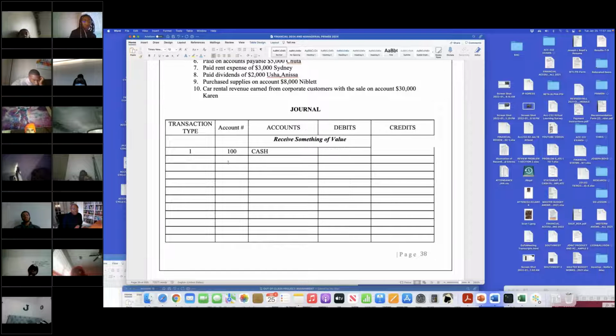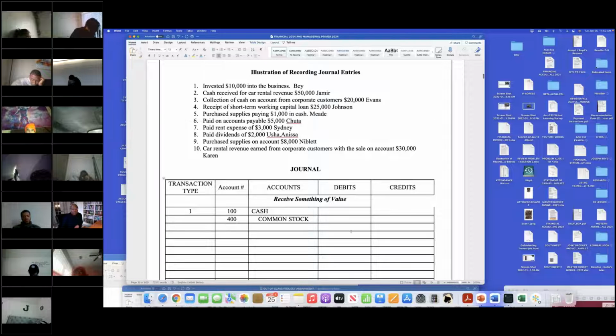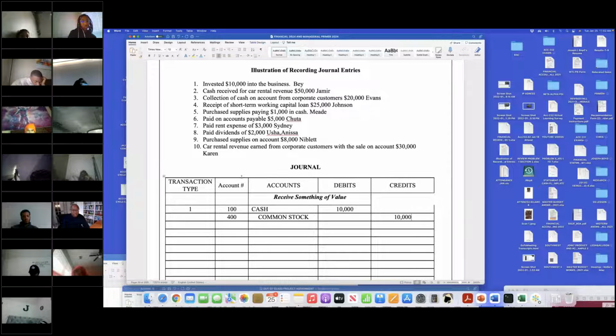Common stock. 400 common stock. What was our amount? 10,000. So that's a journal entry: a type, an account we debit, and an account we credit, and they both are the same amount. Does everyone see that now?